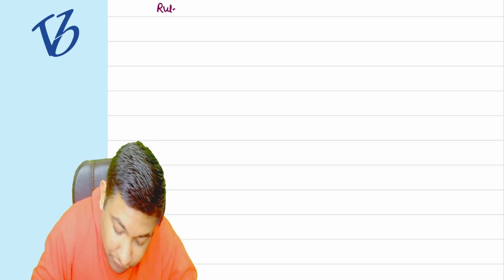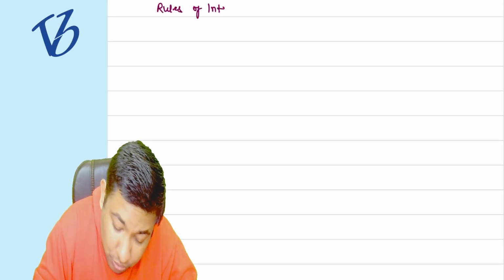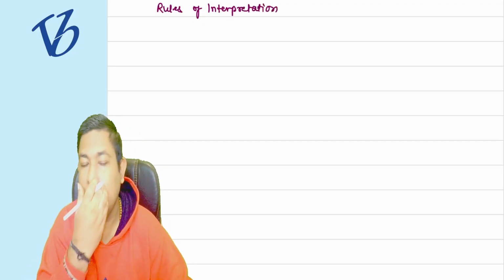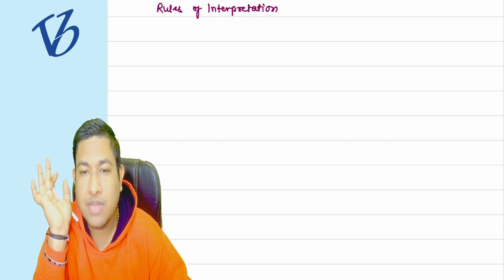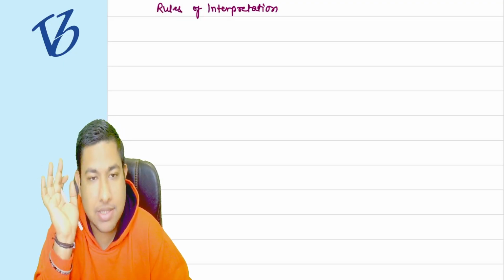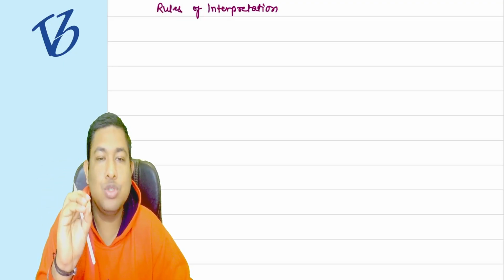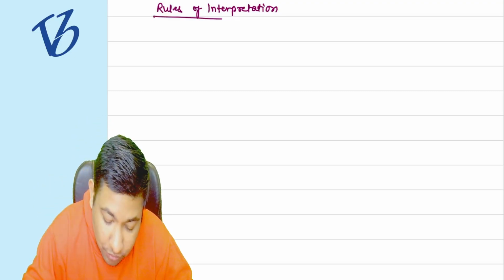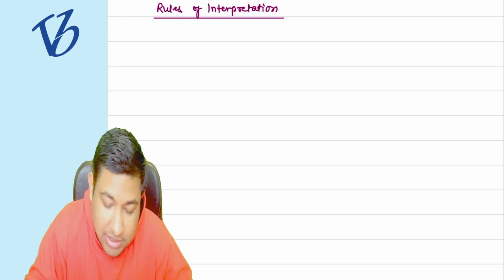Now we are going to start with the rules of interpretation. If there were no rules of interpretation, every judge would interpret in their own manner, and no one would accept it because they could be biased. So there are rules of interpretation that each and every judge needs to follow while giving the judgment.